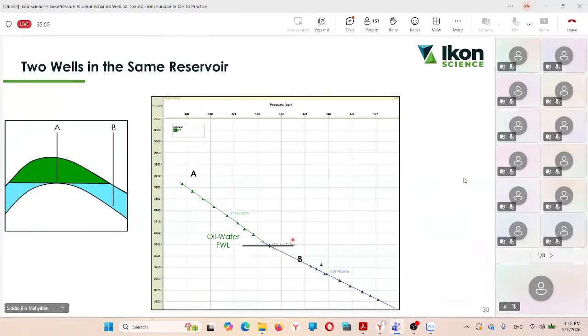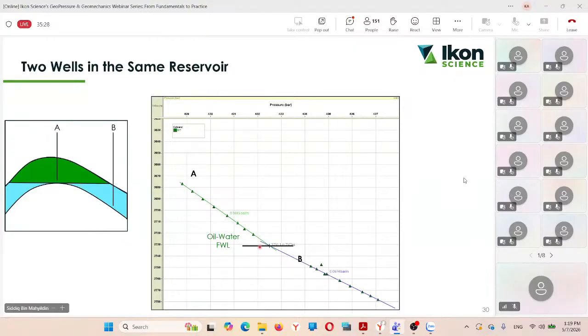Same, if you have two wells in the same reservoir, you might have different data for different wells. For example, over here, I have A, which is this gradient over here for my oil. But because it's still a connected sand, when I draw the gradient for the B well over here, it intersects at some point. This intersection is basically where you have the free water level, for example.